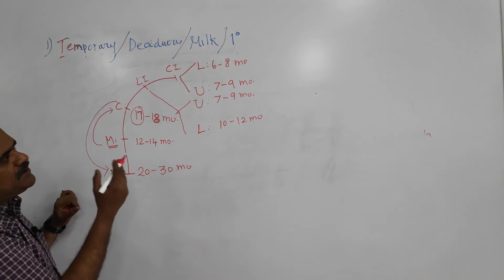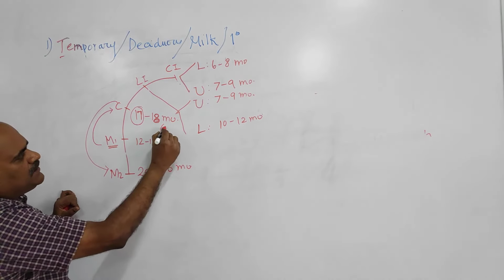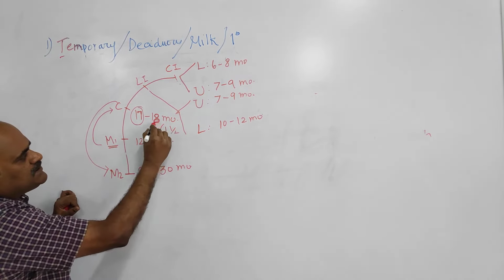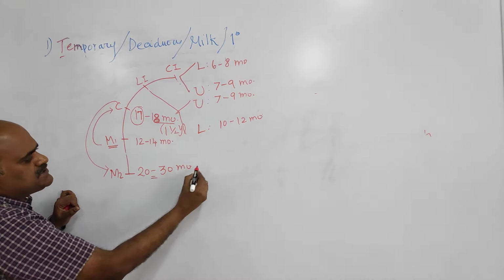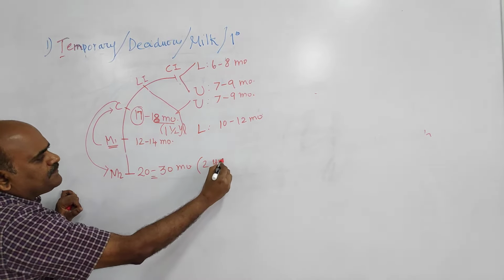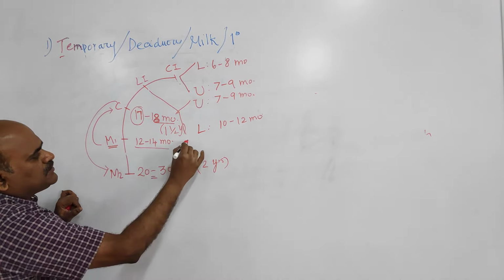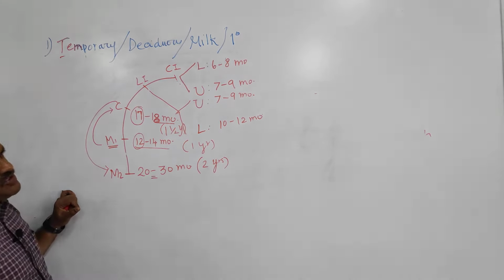So if you take the average for the canine, 1.5 years, keeping 18 months. The second molar, 24 months as a mean, 2 years. The first molar, 1 year, keeping 12 months as the average.